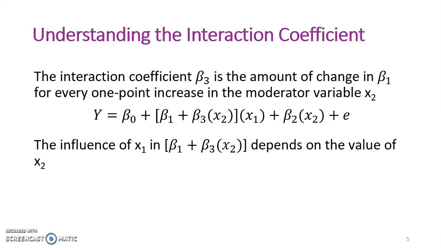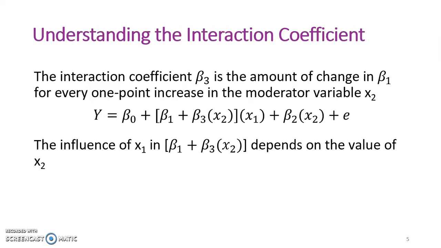But the reason the interaction coefficient is the amount of change in the coefficient for x1, the beta 1 coefficient, is that it's telling us how much essentially x2 influences x1. And we can see that when we group those beta coefficients together in the brackets.